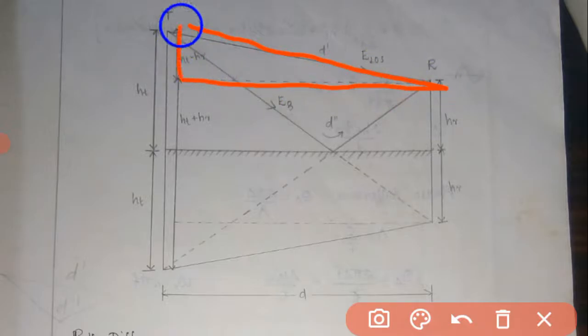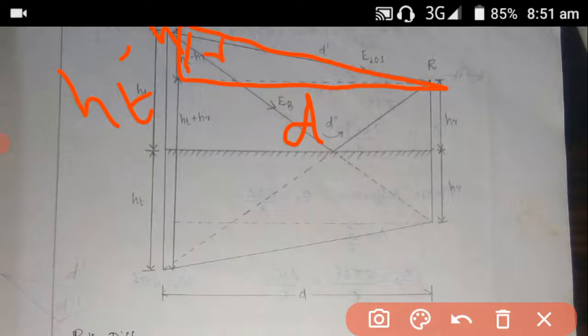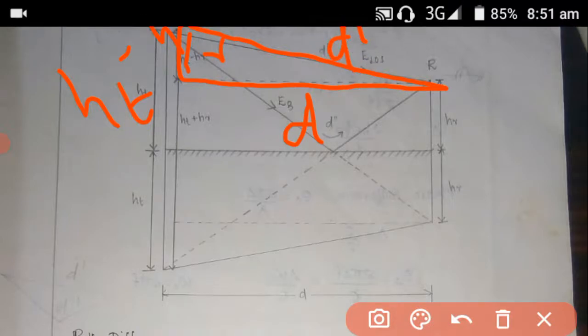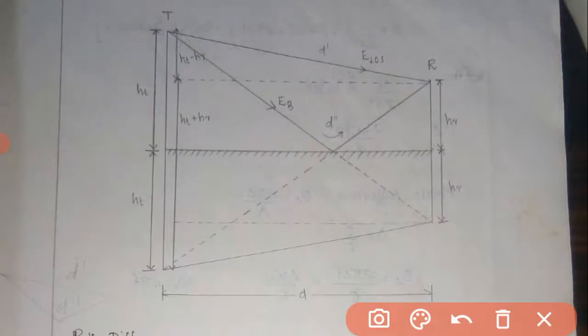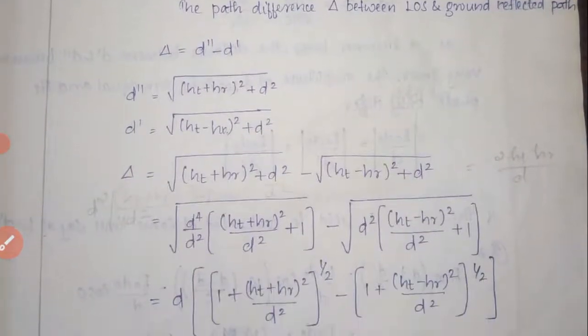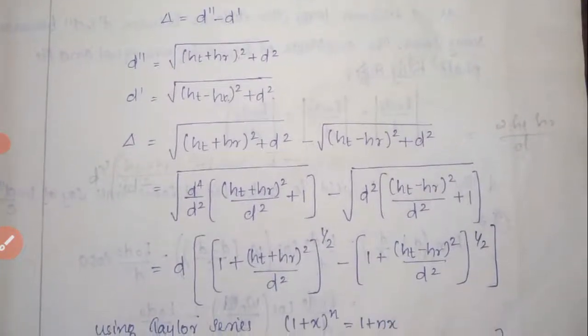Here this distance is D, and here this distance is HT minus HR, and this distance is D dash. Similarly, by using the Pythagoras theorem we can calculate it. The value is D dash equals root of (HT minus HR) the whole square plus D square.